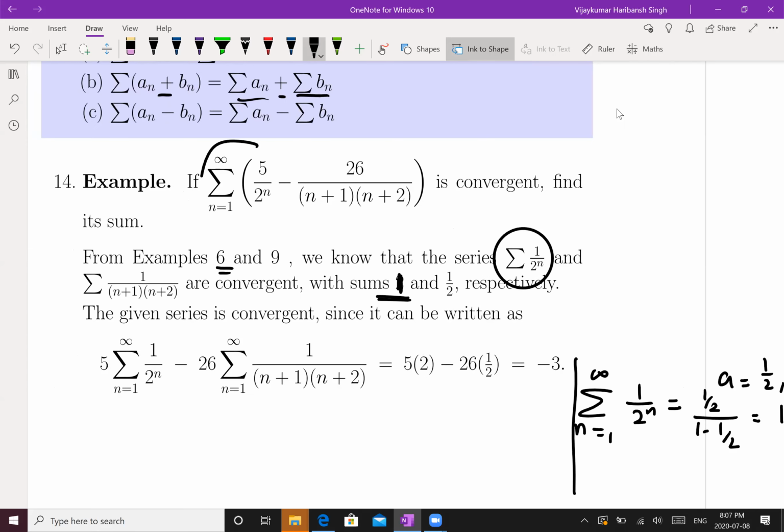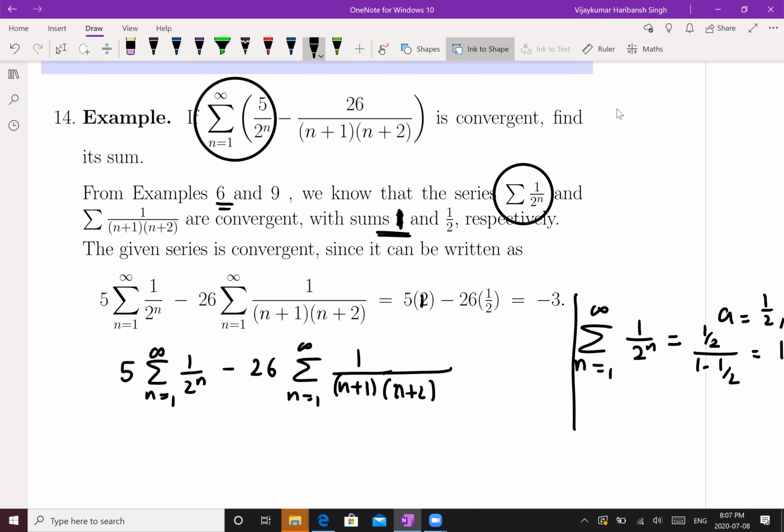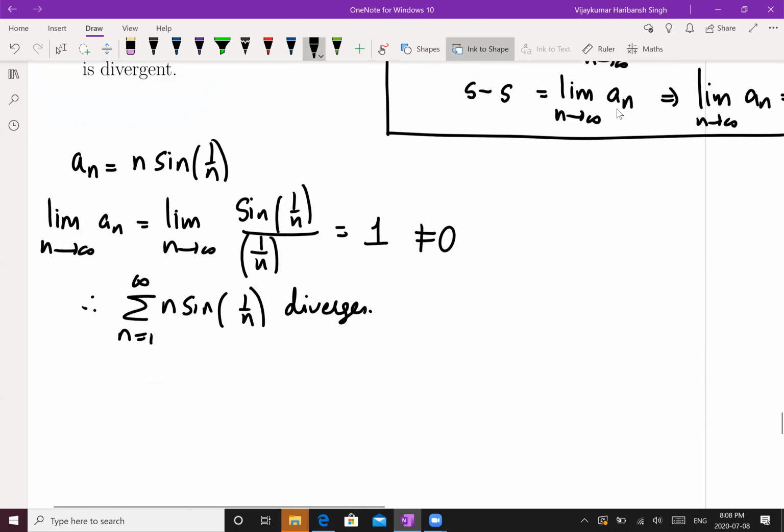So in this case, what I can do is take 5 out and write 5 times summation n equals 1 to infinity of 1 by 2 to the n, minus 2 times summation n equals 1 to infinity of 1 by (n plus 1) times (n plus 2). This is going to be 1, so this is 1. And so we have 5 times 1 minus 2 times, this we already computed to be 1/2 right here.